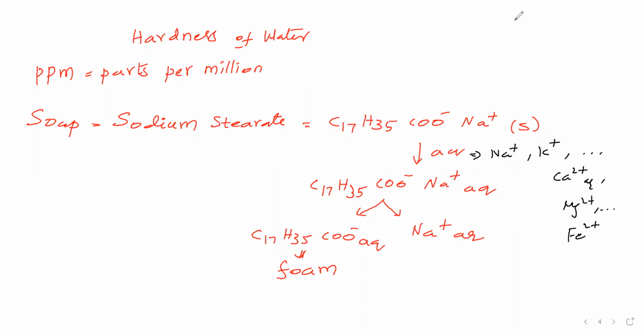But how are these ions present? The quantity of these ions is such that there is no precipitation. Why are we saying the word precipitation? What is meant by precipitation? That we will see.